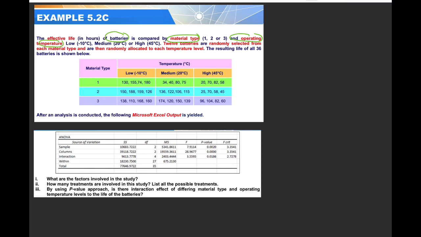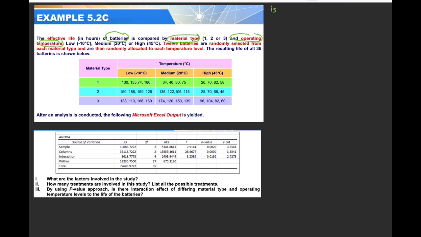So this question wants to test, is there any interaction effect between temperature and material type on the effective life of batteries?